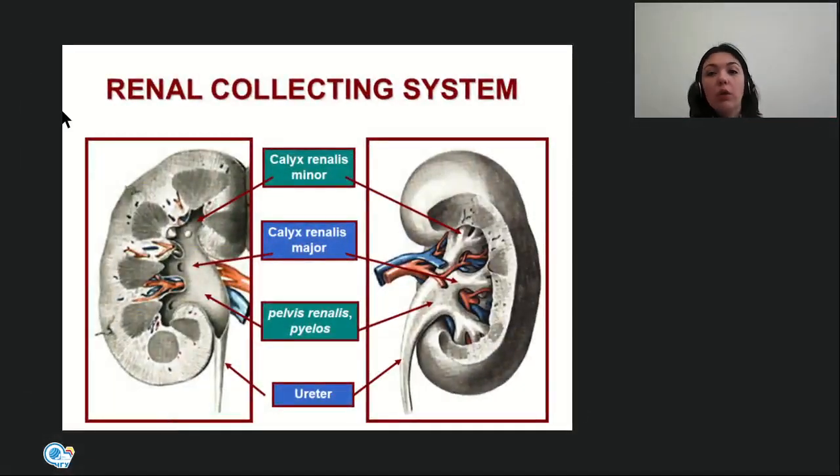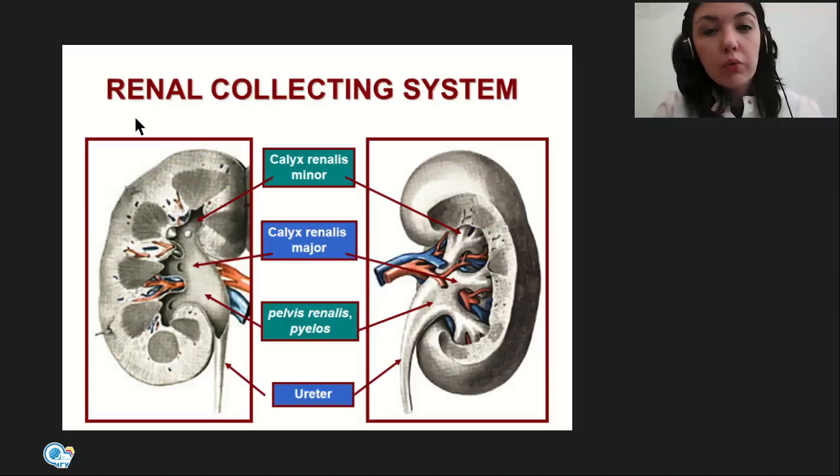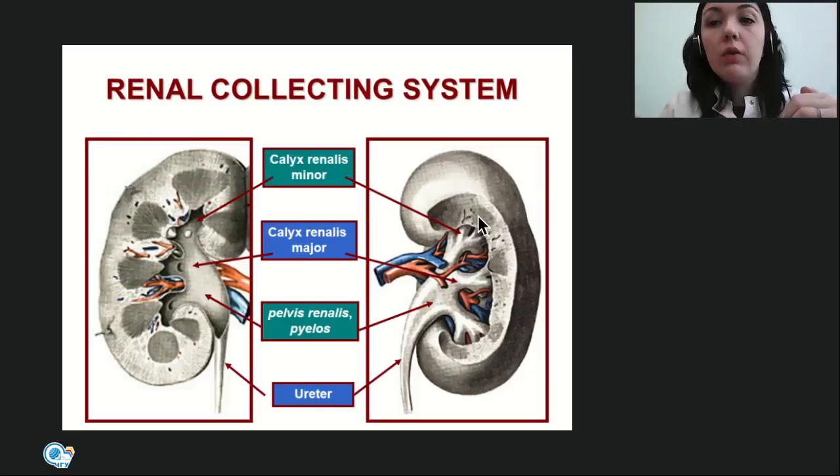After urine is formed, it is excreted into the collecting ducts. The collecting ducts move towards the apex of the pyramid, and at the apex of the pyramid there are papillae.